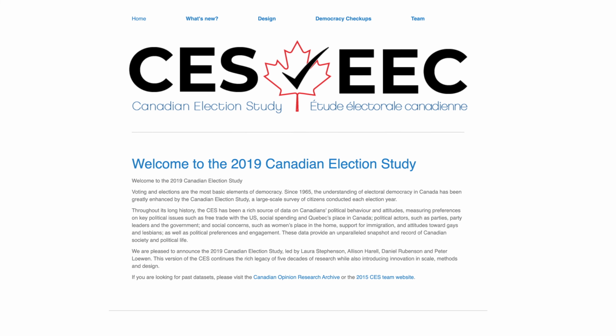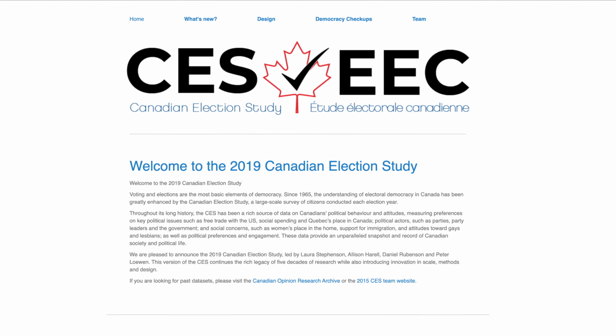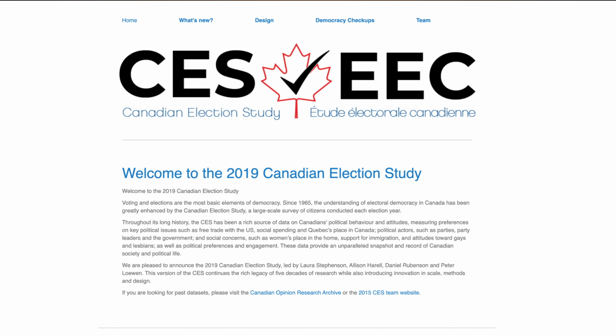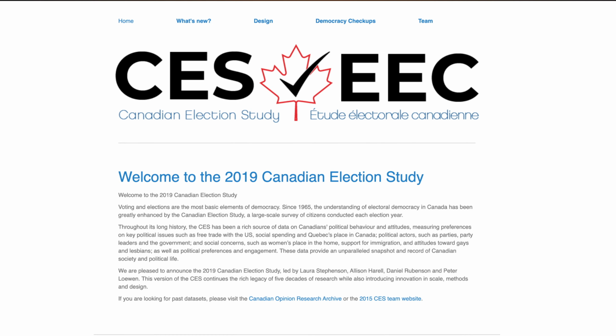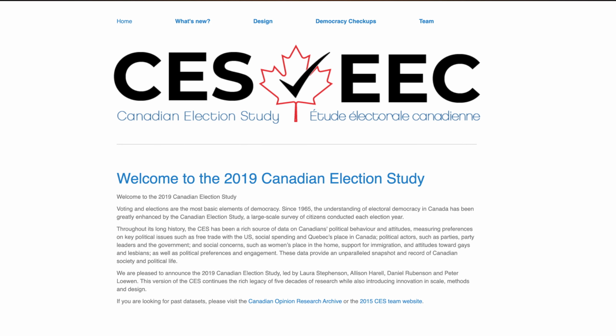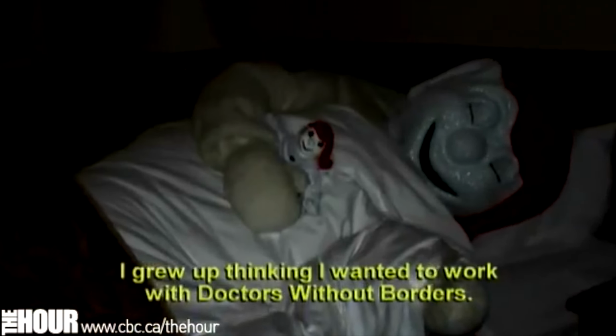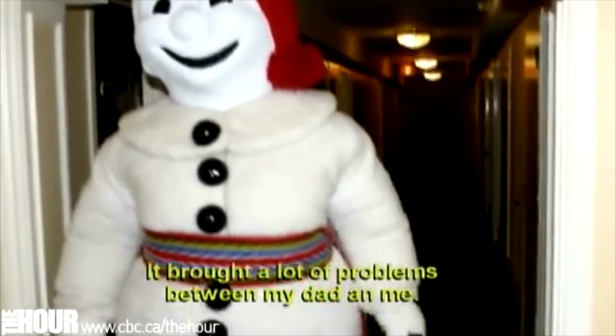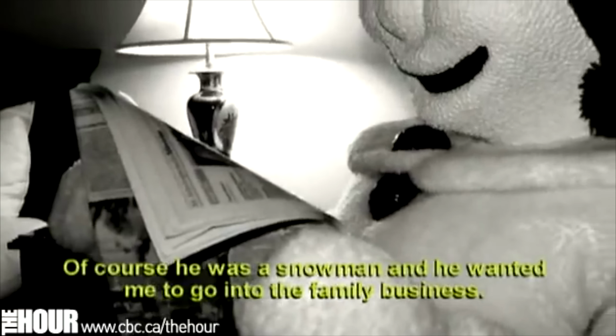So this is the thing. The Canadian Election Study is a disproportionate stratified random sample. They do a disproportionate stratification on province and on age. For province, where they do the disproportionate stratification is with Quebec, because Quebec has a very different set of factors that go into vote choice.